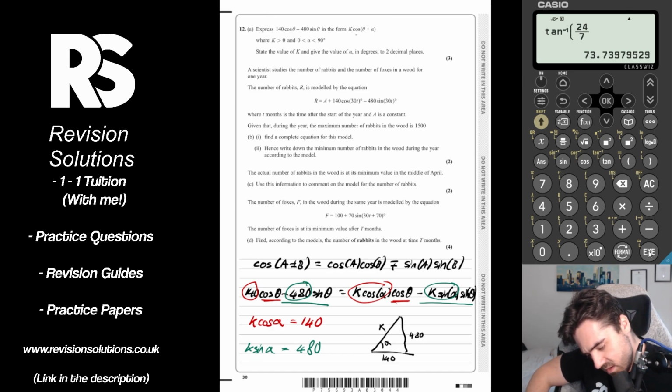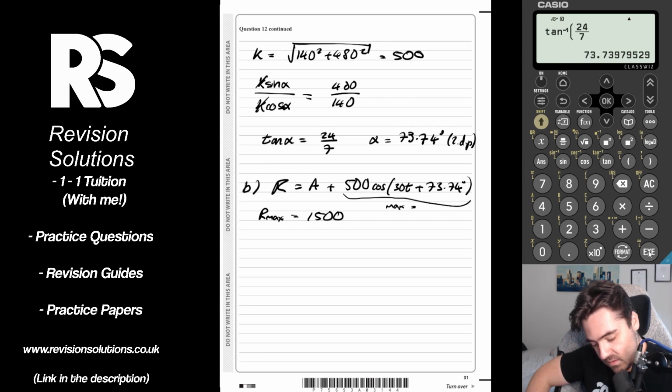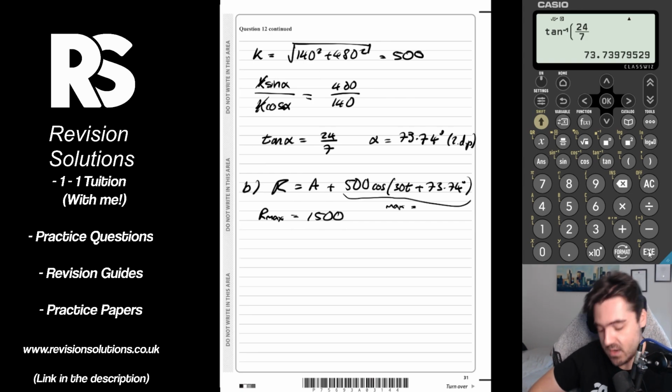And it says t is the months, where t months is the time after the start of the year, and a is a constant. It says, given that during the year, the maximum number of rabbits in the wood is 1,500, complete this equation. So we need to find a. So they're saying R max is 1,500. Well, if we think about it, the maximum value of this is just the 500, because a cos graph goes between 1 and -1.